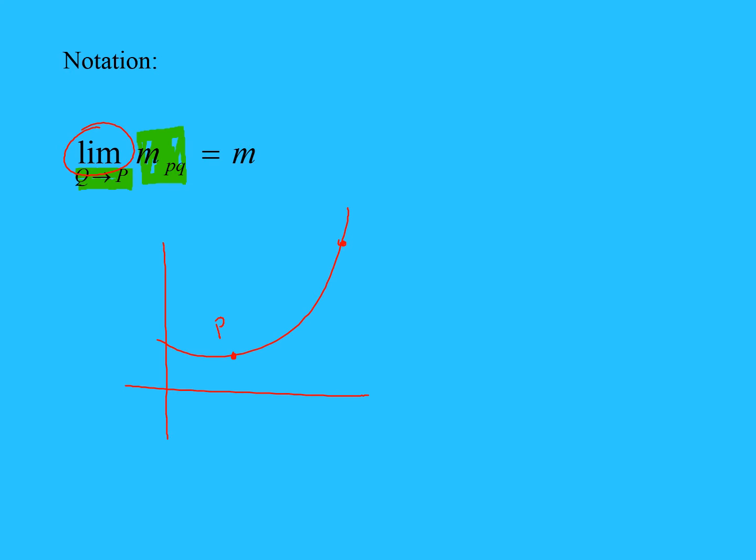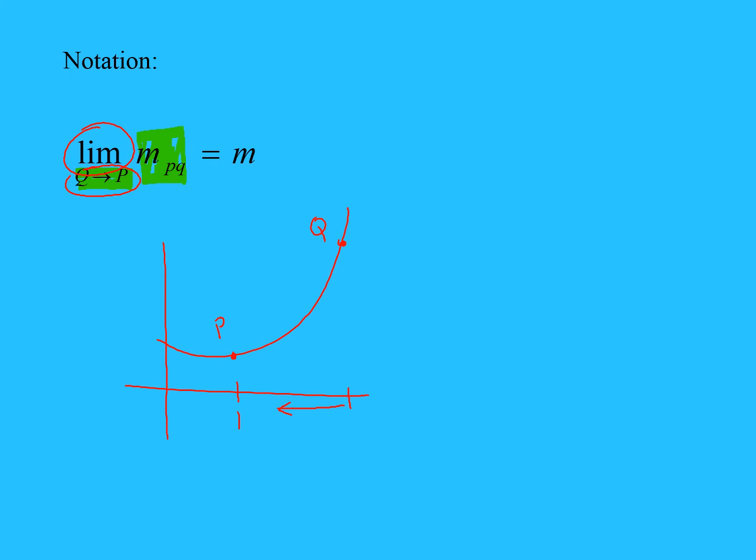So remember, let me draw the graph real quick here. When we had our graph looking something like this, we said this was point P here, this was point Q here, and as we let these x values get closer and closer to 1, Q was approaching P, correct?